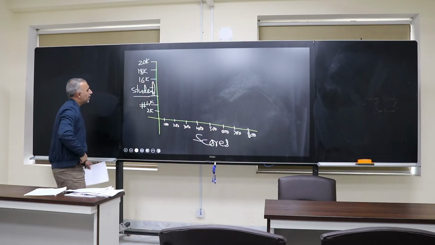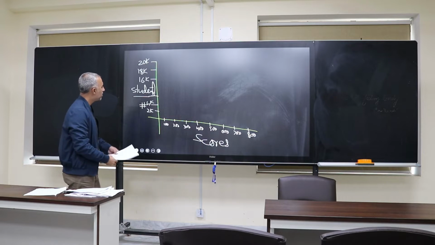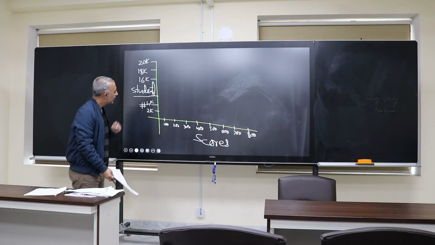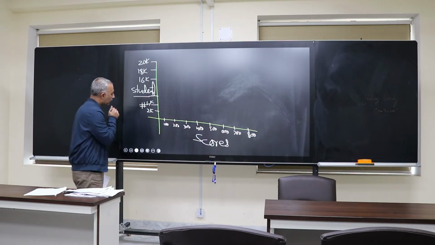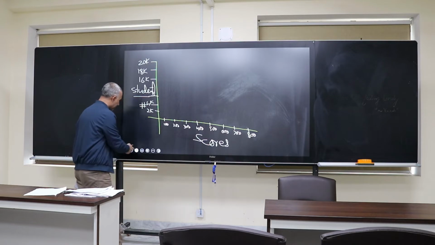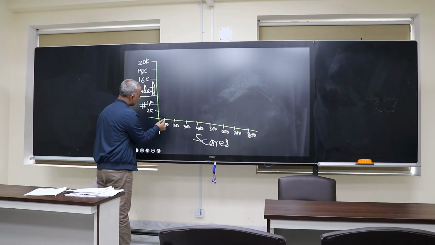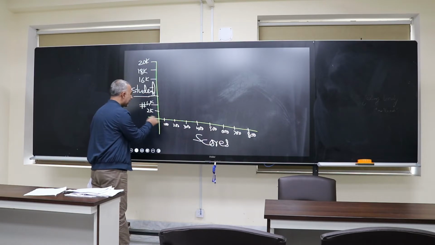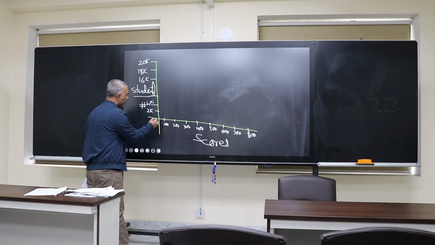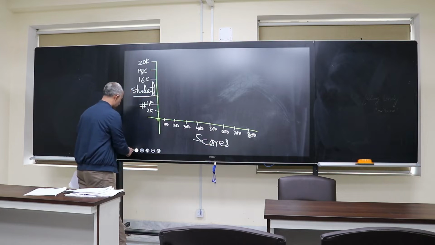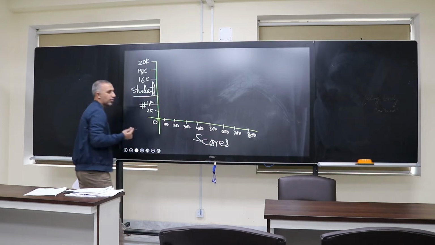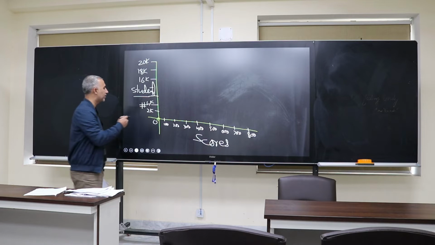So each jump is 2,000. Suppose there are a few students who are getting 0. For example, a few students will not appear in the entry test and get a 0 score.